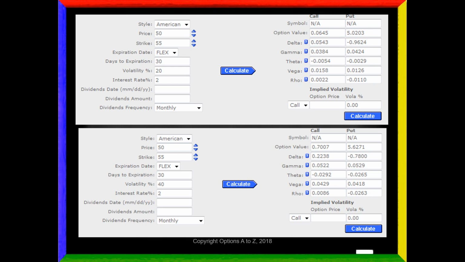Now let's take a look at how out-of-the-money options are affected by volatility. Up top here, I have the stock at 50, but now I'm looking at the 55 strike. So it's a $5 out-of-the-money call. I'm using 30 days to expiration, 20% volatility. And it tells us the call should be worth about 6.5 cents. So once again, these are the types of options that a lot of these traders who love to sell out-of-the-money options will turn to.